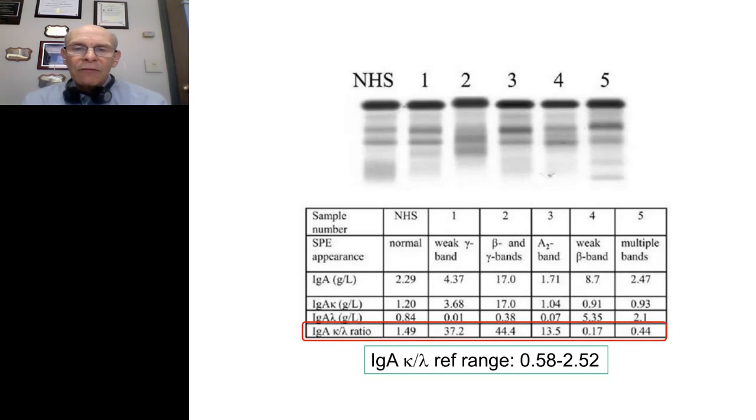Let's take a look at the 5 cases that they show. Case number 1, I see a little band there, and maybe there's something in the gamma region, but that's all I can see. They describe it as a weak gamma band, and it does have a very abnormal ratio. And it is a weak band, but there's also something else about that case. Compare the gamma region to the normal human serum. The normal human serum gamma region looks darker.